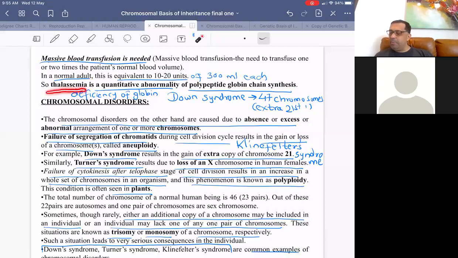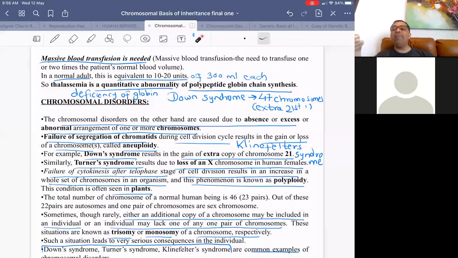And thalassemia is a quantitative abnormality of polypeptide globin chain synthesis. Why do we say quantitative abnormality? Because there is deficiency of globin. Either A alpha या A beta chain globin नहीं बनता है. So it is a quantitative abnormality.